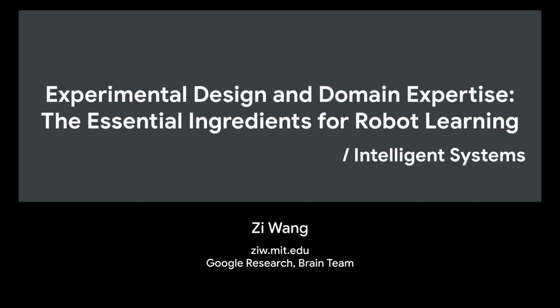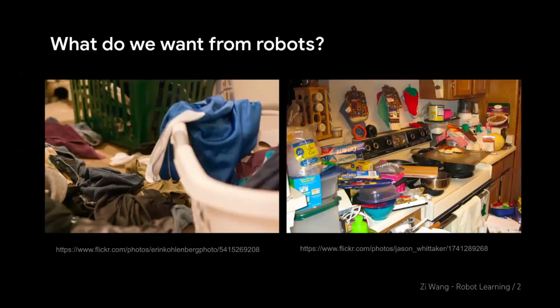Okay, so let's get started. We'll still take robot learning as an ongoing example. Let's think about what our end goals are for these kinds of robotic systems that are intelligent and able to solve very complex tasks in the world. So what do we want?